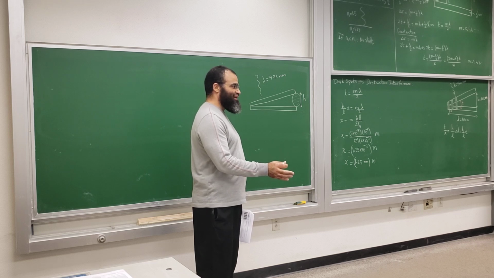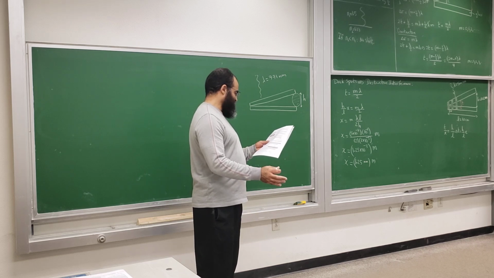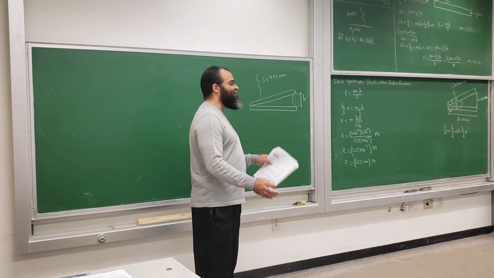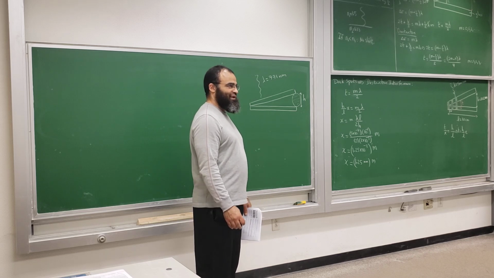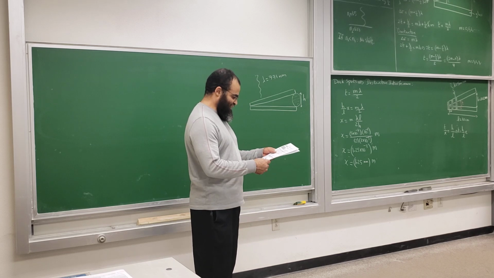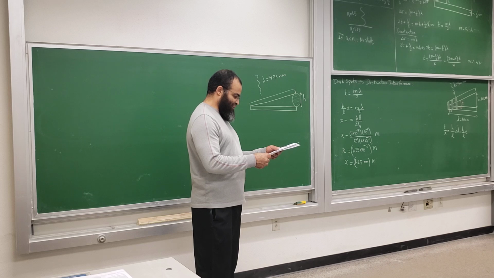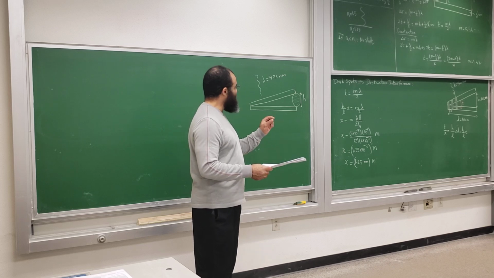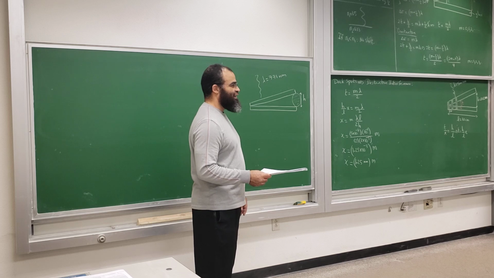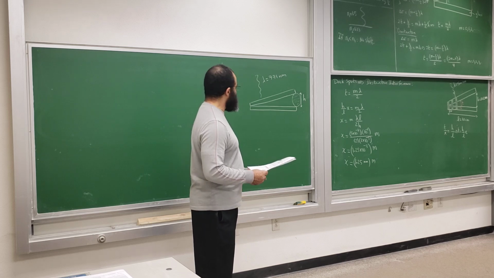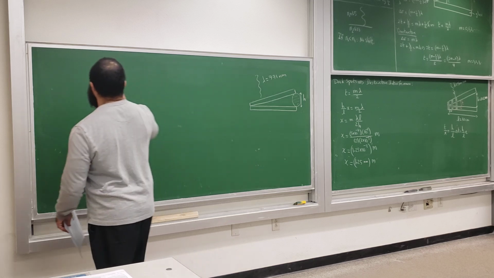You're really patient. You end up counting 179 bright spots. Okay, you count 179 bright spots. And the question is, how thick is this human hair?